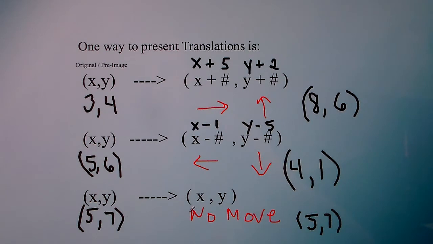But if you want something to stay in place in your video game or movie, you do (x, y) to (x, y), meaning it's a no move. Like the base of the sword doesn't have to move when you're rotating a sword. However, the tip of the sword, the pointy end of the sword, if you want that piece moving, you would have to do the translations for that piece.